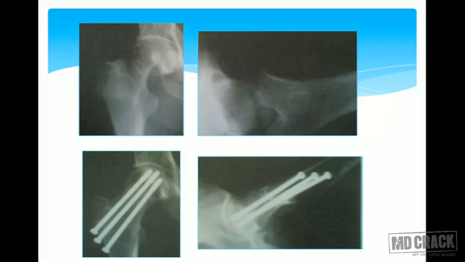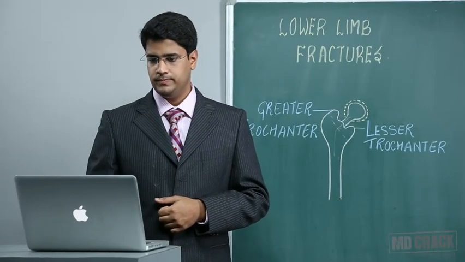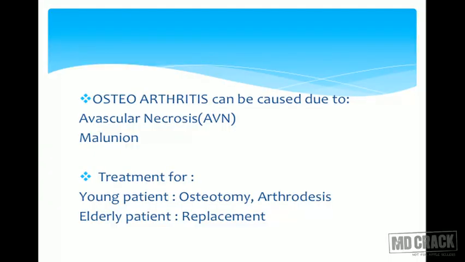You have to open the joint, see the fracture configuration, reduce it, and then fix the fracture, without hampering the vascularity further. Osteoarthritis is an important part, and it can also be caused by avascular necrosis of the hip and also malunion.